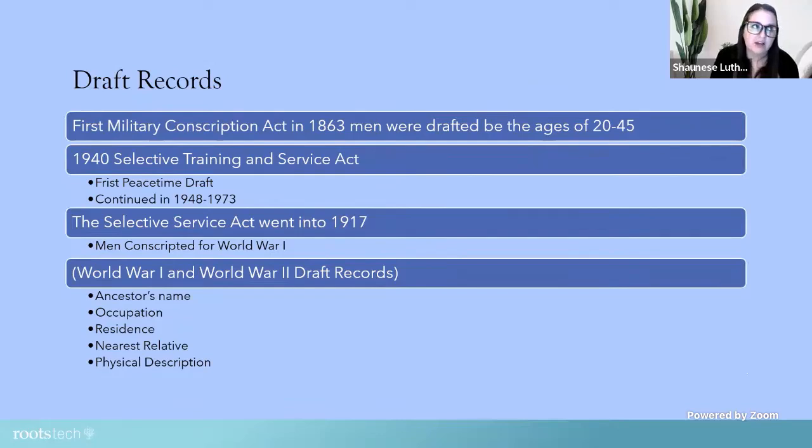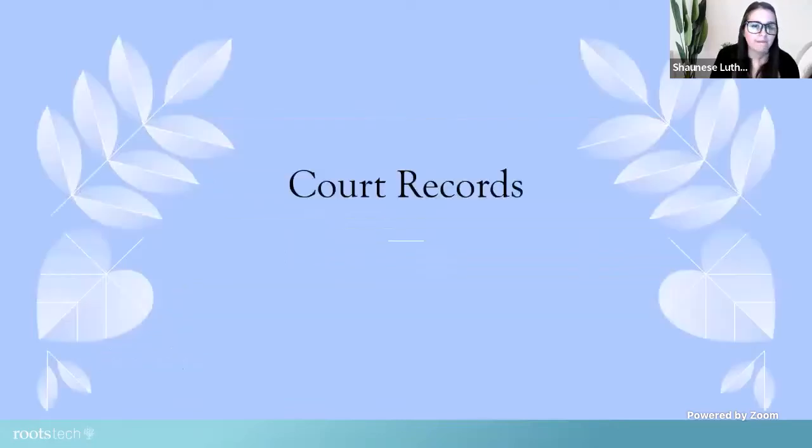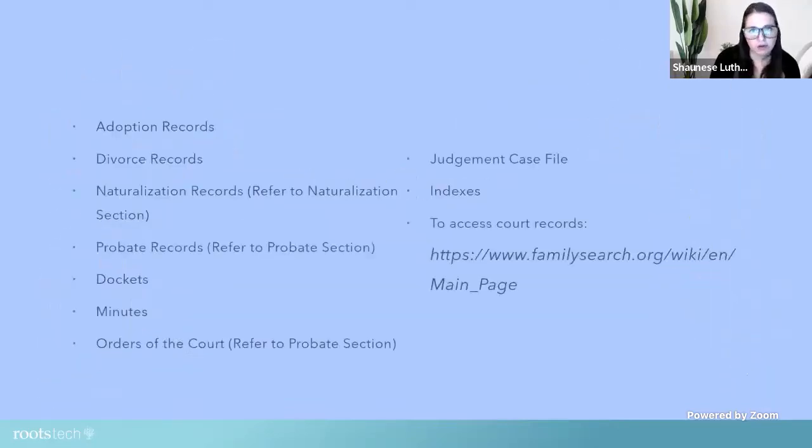After draft records, we have court records. So in court records, we have adoption records, divorce records, naturalization records. Once again, I've already talked about naturalization records, so refer back to that section. And then we also have probate records, which I just barely talked about too. Then we have the dockets, minutes, and orders of the court. Now you can refer this back to the probate section as well. Then you have judgment case file and indexes.